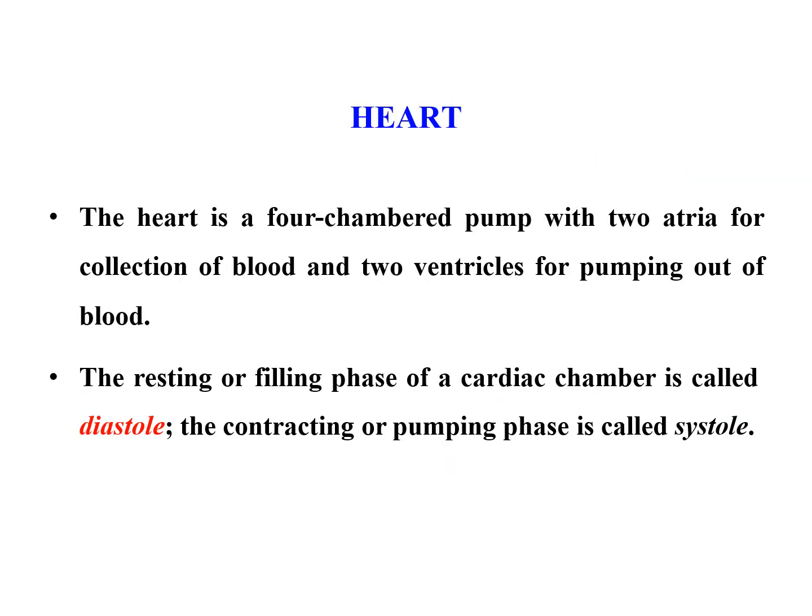Next, the heart. The heart is a four-chambered pump with two atria for collection of blood and two ventricles for pumping out of blood. This is called the four chambers of the heart. The resting or filling phase of a cardiac chamber is called diastole. The pumping phase is called systole.